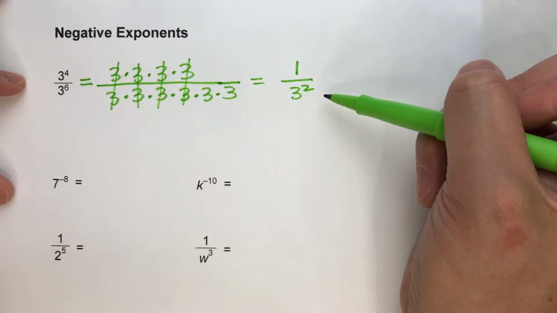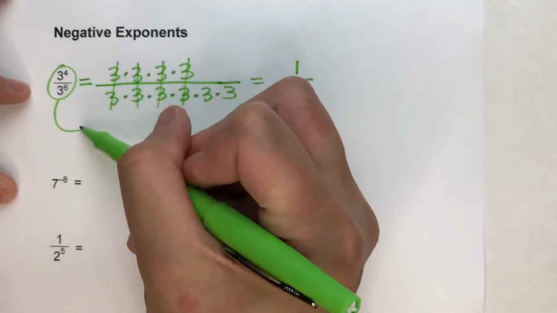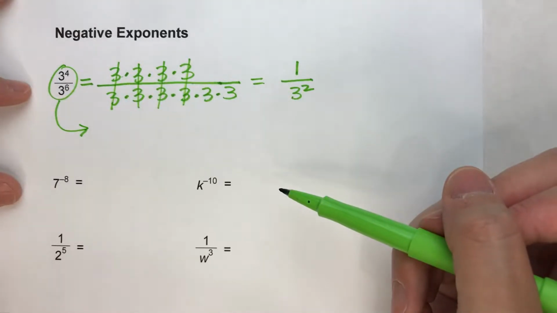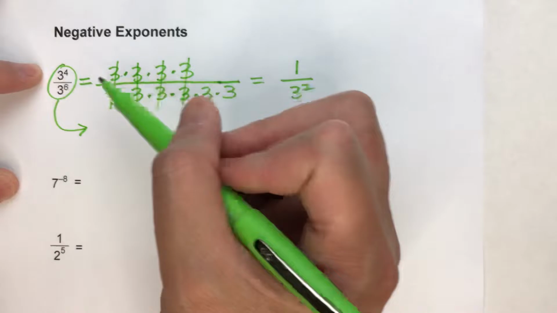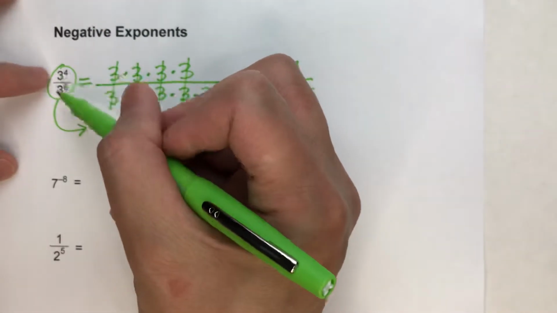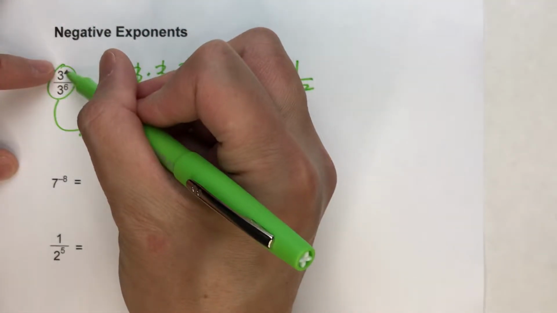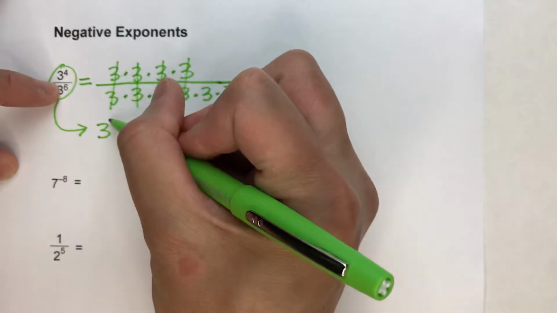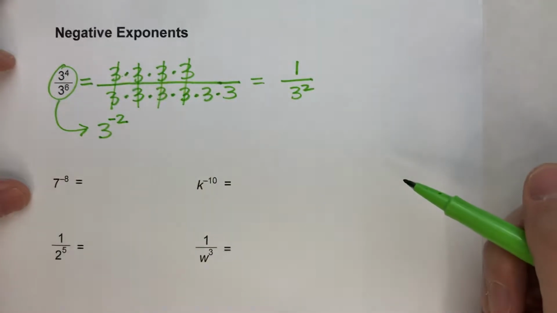All right? Now, if I just used my exponent power rules for division, I could have come up with something different. For example, dividing powers, the rule is we keep the base and subtract the exponents. And 4 minus 6 gets me a negative number. 4 minus 6 is negative 2.